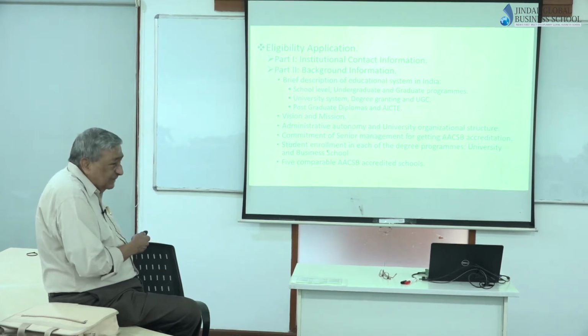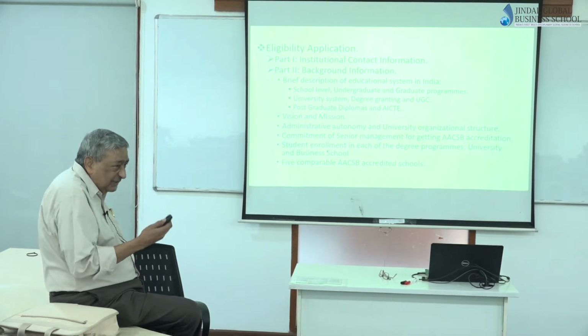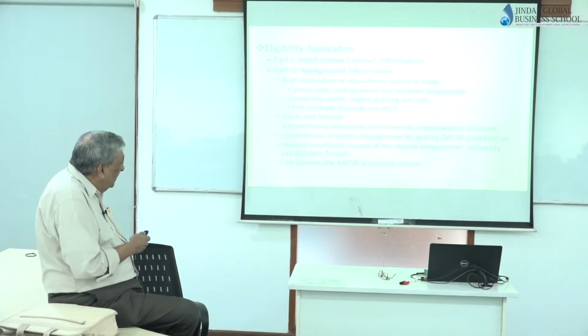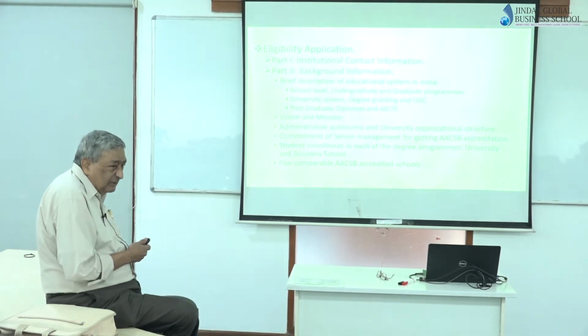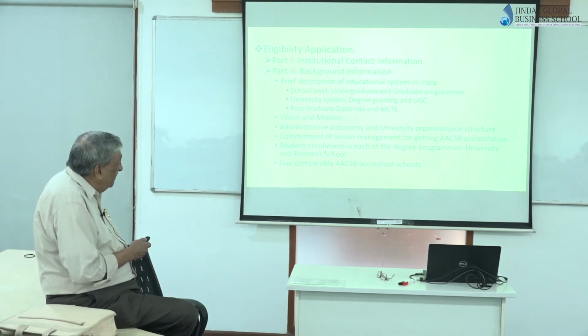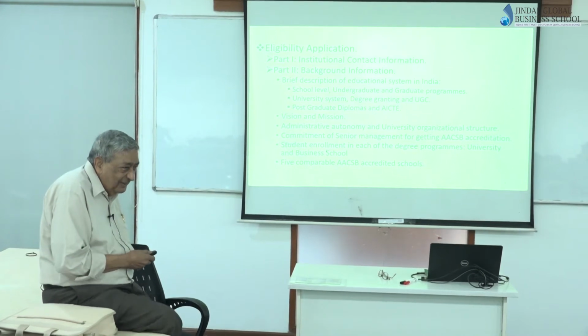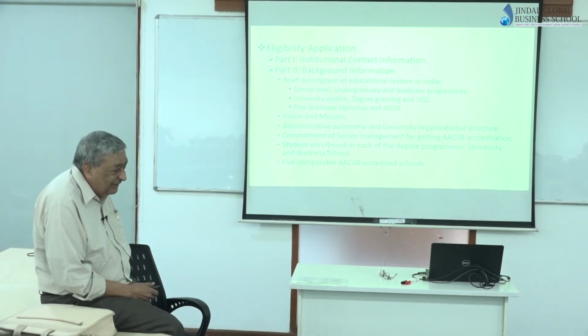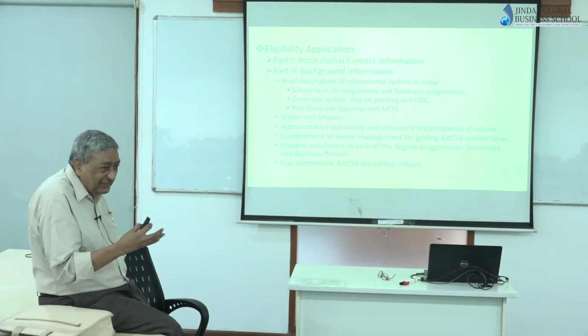Then the vision and mission. Again, they don't ask for any details, but you have to give the mission statement and so on. Now, about autonomy, you have to talk about what autonomy you have within the university organizational structure. And then the commitment of senior management for getting AACSB accreditation. So they want to know whether, for instance, the dean and the university level are all committed to this.